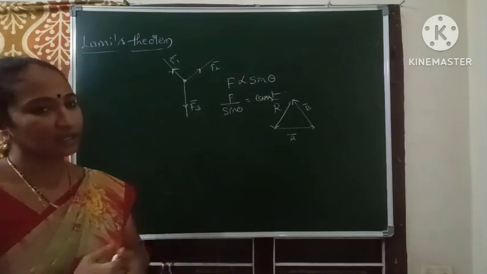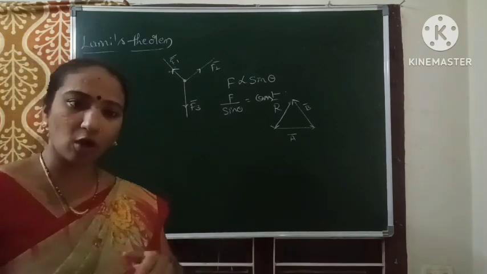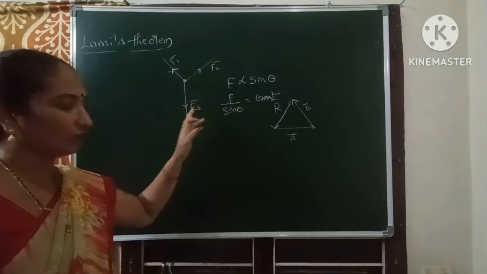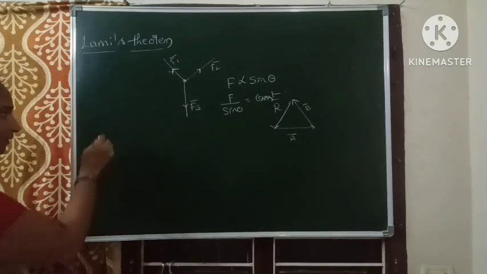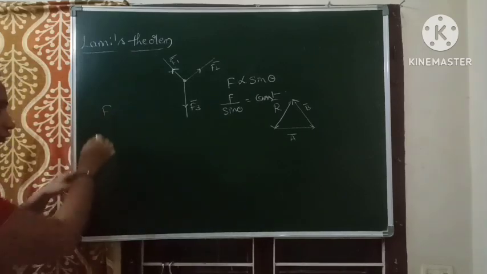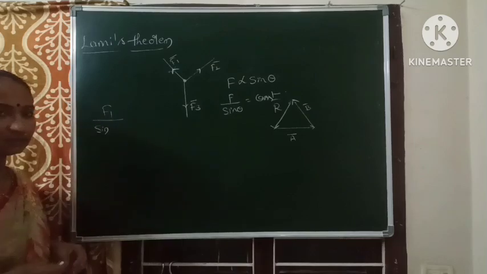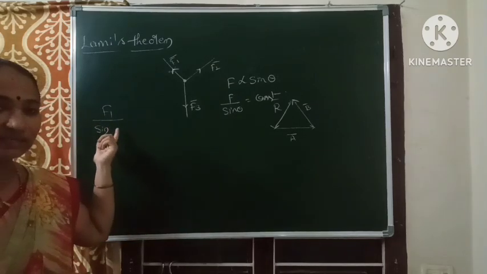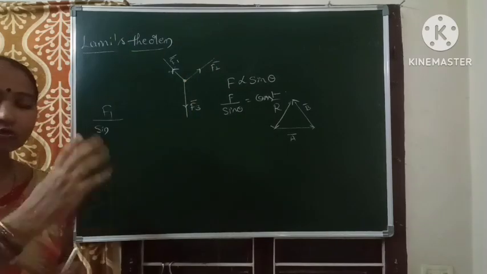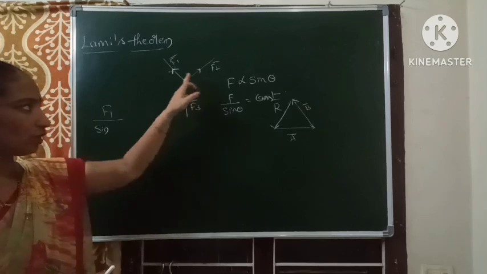So Lami's theorem is stated as: the ratio of the magnitude of any one of the forces, ratio is nothing but P by Q form, the ratio of the magnitude of any one of the forces to the sine of the angle between the two other forces is always constant. What does that mean? For example, consider the magnitude of one force.